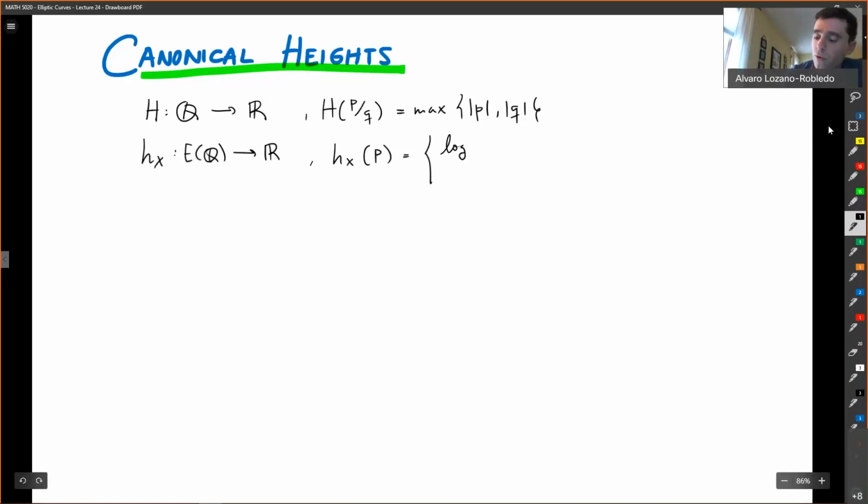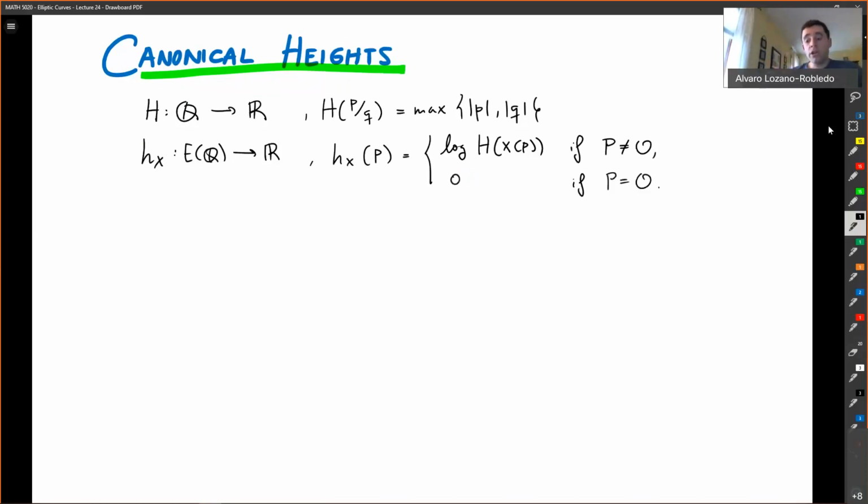So here it is the log of h of x of P. Instead of exponential, the growth when you multiply by m is now quadratic in the multiple. The value is 0 if P is O.